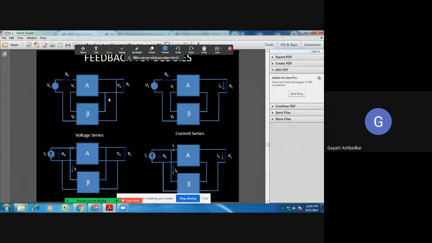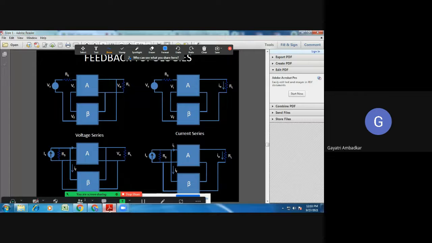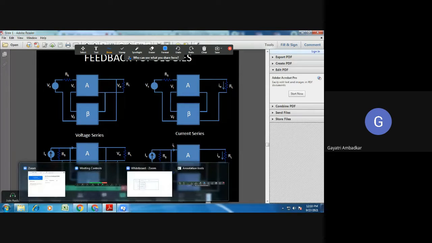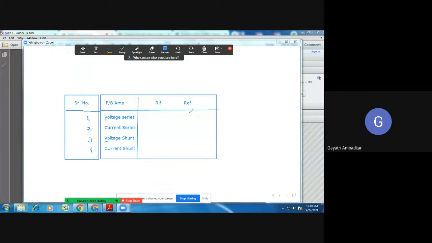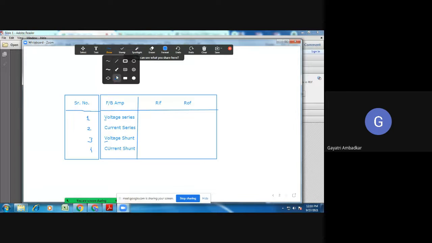When I am sampling voltage, my output connections, look here, are in parallel. So whenever the output connection is in parallel, output resistance is about to decrease. So I will write here first ROF. Wherever I find voltage, I can write that output resistance is about to decrease as compared to the resistance without feedback. So here is voltage, and again I can write the same thing here.